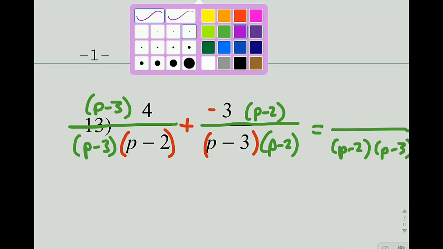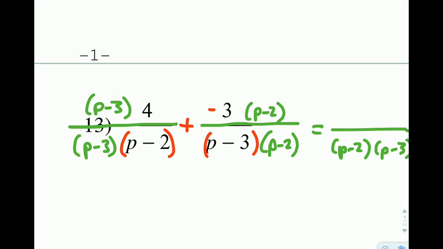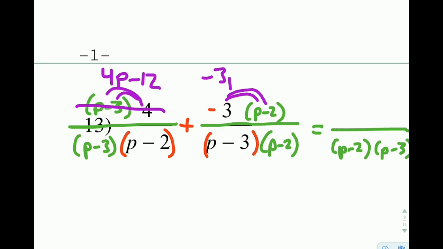If I want to clean up my numerator so that I can try to add them together, I need to distribute my original terms by my new pieces. So I'm going to have 4p, 4 times p, and then minus 12 over here. Cross that out. I'm going to have negative 3p plus 6 over here. Distribute that negative 3.